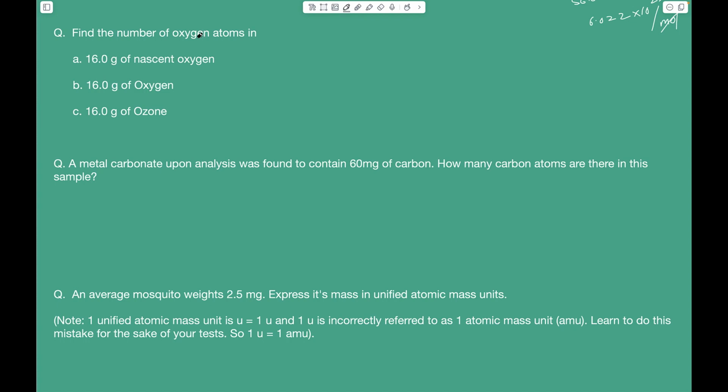Now this question is a bit interesting. In each case, the mass given is the same and we are asked to find out the number of oxygen atoms. See, all these three are ultimately made up of oxygen atoms and nothing else. In nascent oxygen, you have only independent oxygen atoms. There are no molecules.